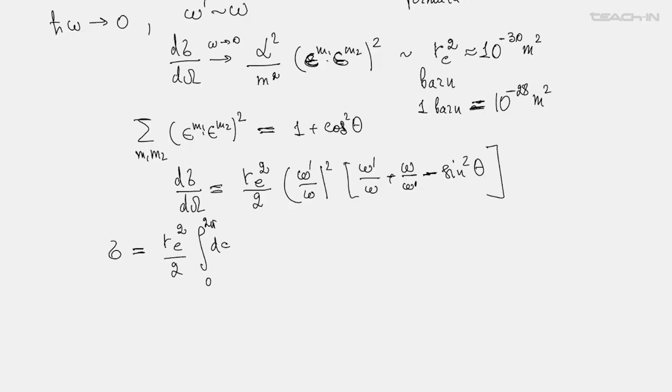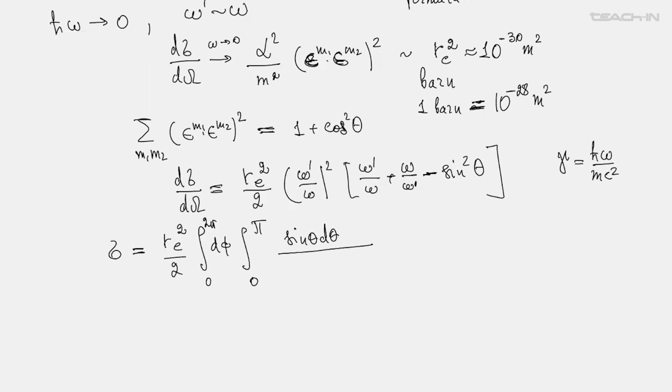This is the measure of the solid angle. And the resulting expression you can write in terms of a quantity gamma, which is h bar omega divided by m c squared, the ratio of the energy of the incoming photon to the rest mass of the electron.